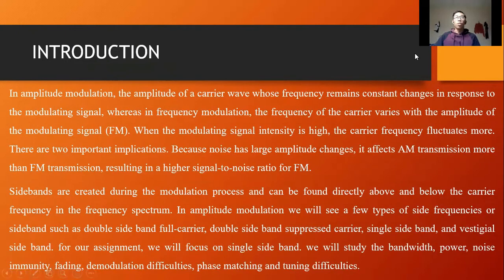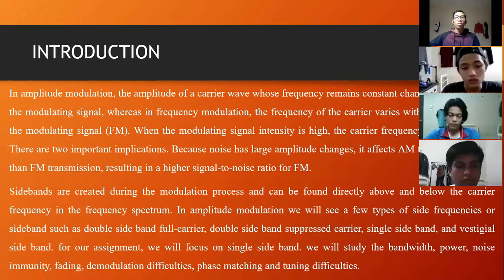So for the introduction, in amplitude modulation, the amplitude of the carrier wave, whose frequency remains constant, changes in response to the modulating signal, whereas in frequency modulation, the frequency of the carrier varies with the amplitude of the modulating signal.